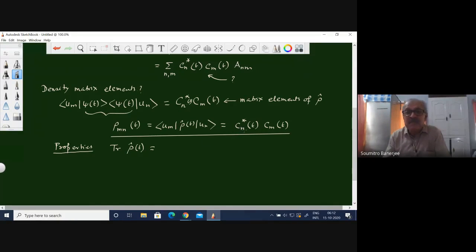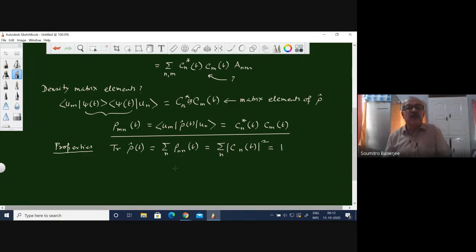So Cn star Cn and its summation over all n's. It is rho nn t, equal to the summation over n of Cn t mod square, and this is obviously 1.